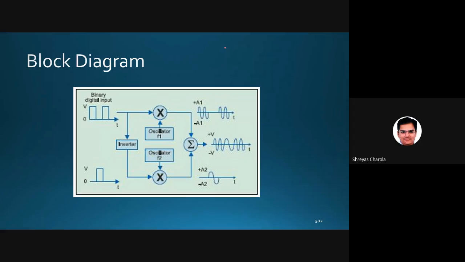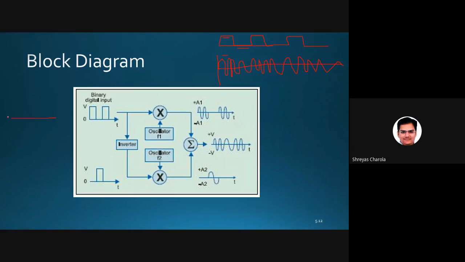Let's suppose I have the digital signal like this, and the carrier frequency is highest for this, lowest for this, highest for this, lowest for this, highest for this. So for 0 it is the lowest, for 1 it is the highest.